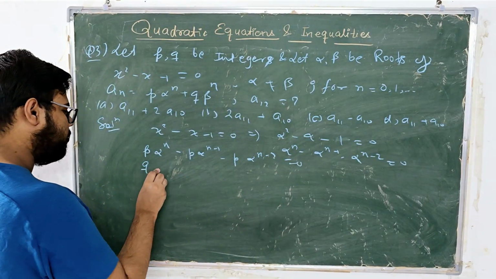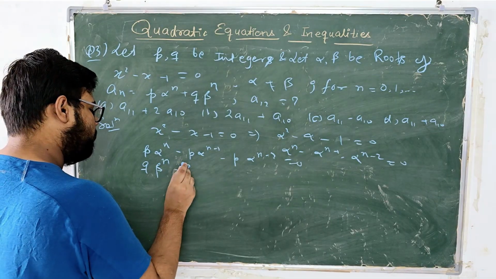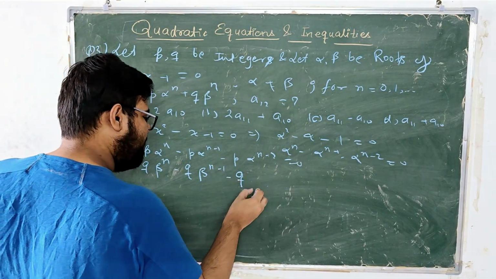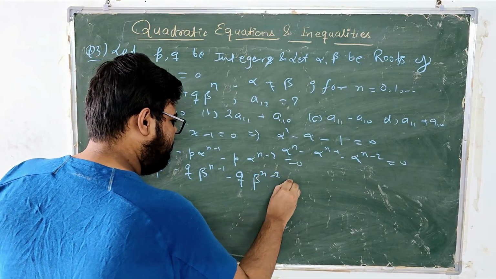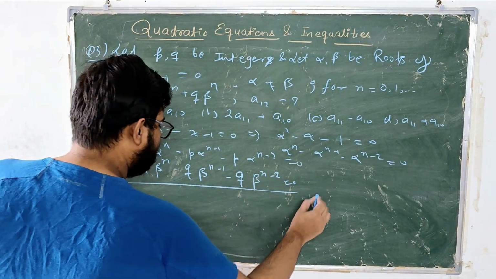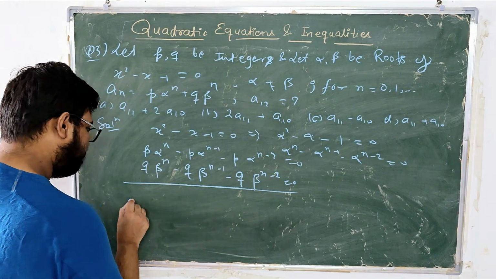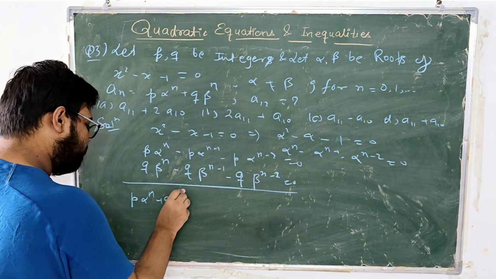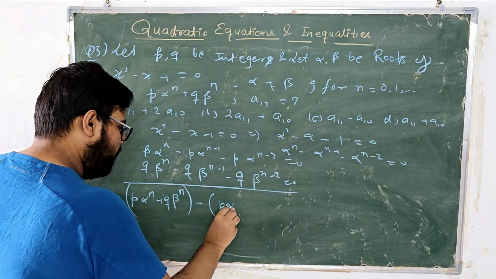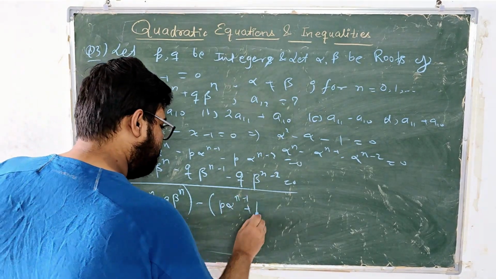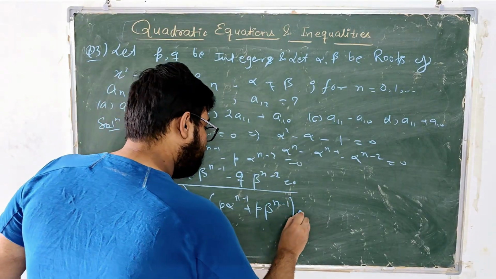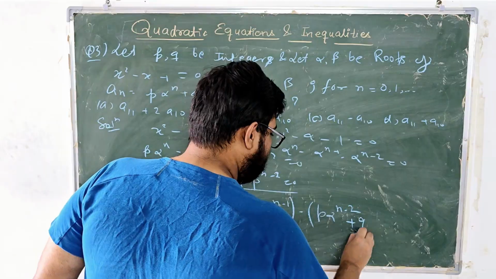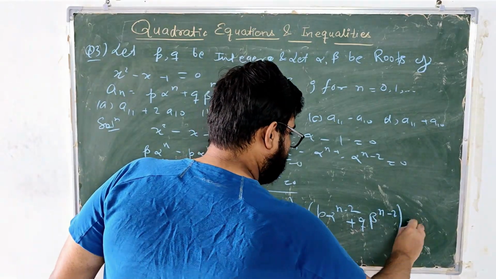Similarly, try it yourself. The method is same. Just add both sides. p alpha n plus q beta n minus p alpha n minus 1 plus q beta n minus 1 minus p alpha n minus 2 plus q beta n minus 2 is equal to 0.